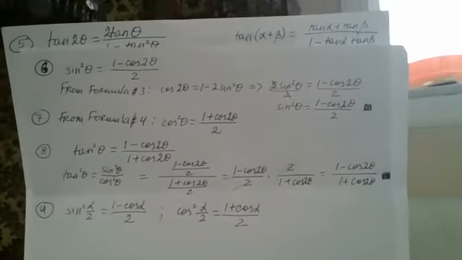And using the same method, if you have in formula number 8 theta equal to alpha over 2 and 2 theta equal to alpha, then you will get the last formula in box number 9: tangent square alpha over 2 equals 1 minus cosine of alpha over 1 plus cosine of alpha.